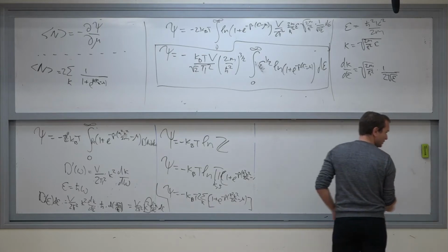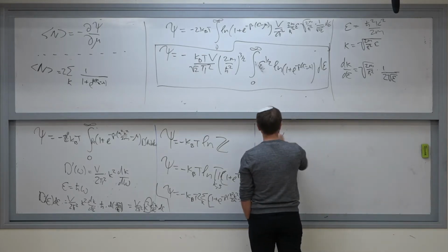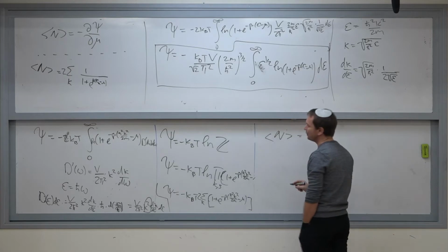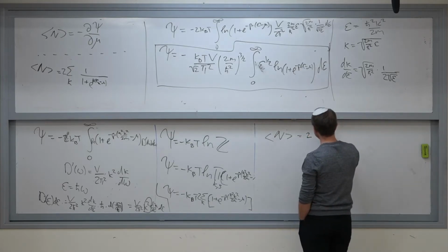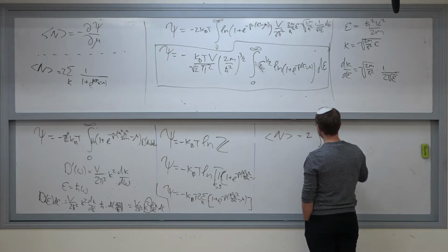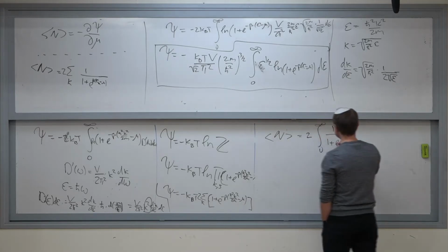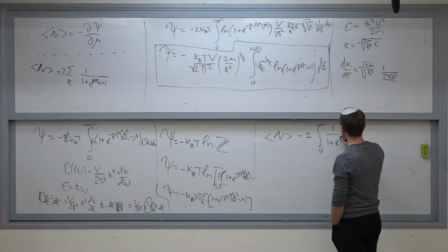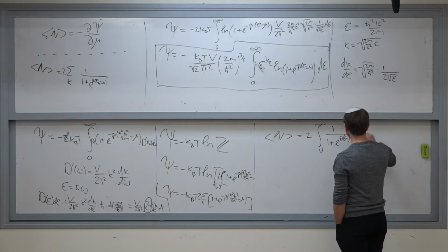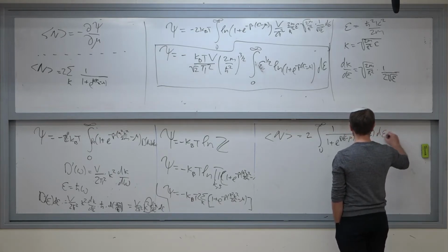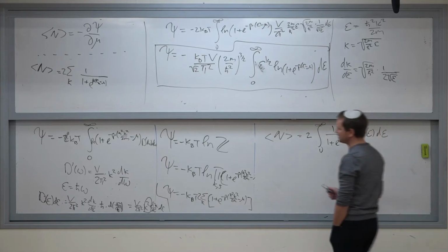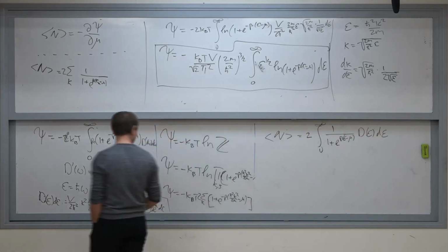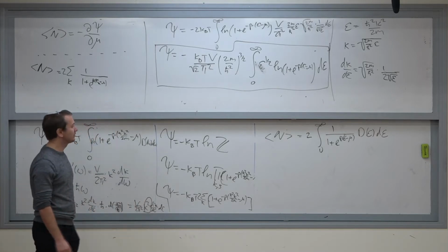Okay, so I should write down that average n equals 2 multiplied by an integral between 0 and infinity of 1 divided by 1 plus e to the power of beta epsilon minus mu, times the density of states d of epsilon d epsilon. That's it. I already know what this d of epsilon is because I have calculated it before.